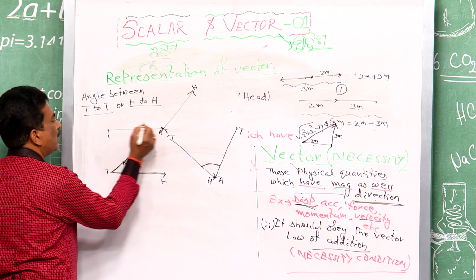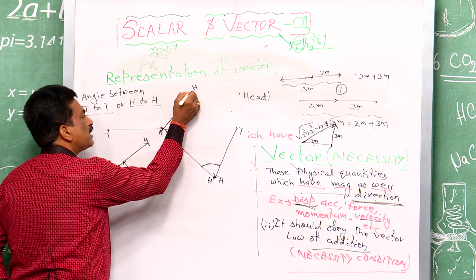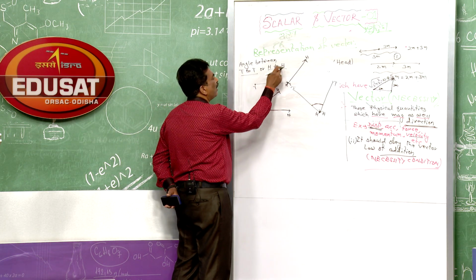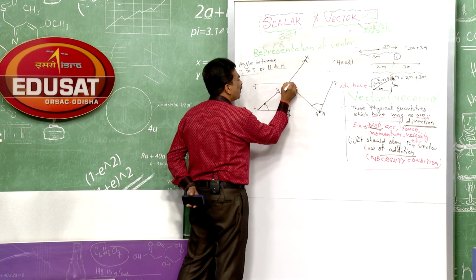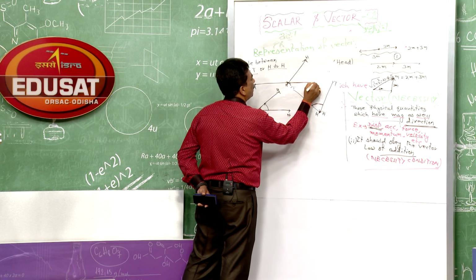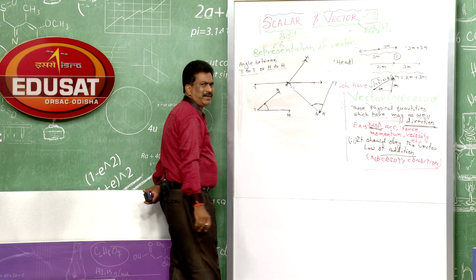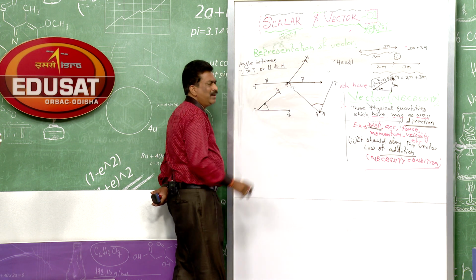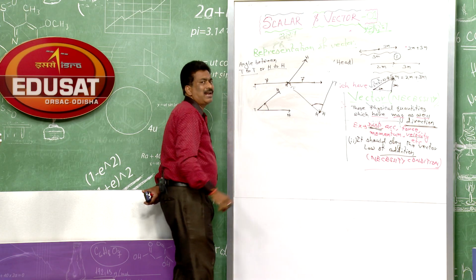And you see this is the tail, this is the head, but with this head the tail of the other is started. So what condition is to be satisfied? Between tail to tail or head to head. If a similar vector is taken here, make it slightly greater, and if this is the p vector, this vector is also the p vector, because its magnitude and direction are the same.